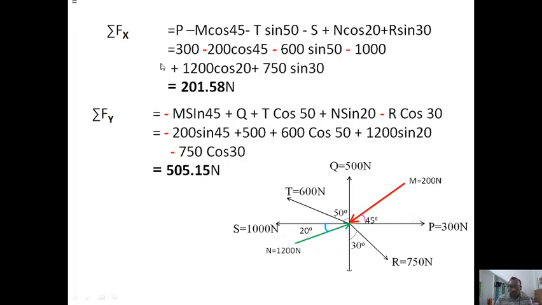By observing the same diagram, you just formulate the algebraic sum of the forces in the x direction. Right? Here P is totally in the positive x-axis, hence it is taken as positive, because P is in the positive x direction. And M cos 45. Why have I taken M as cos 45? Because the adjacent side is the x-axis, it is the closing side, hence I have taken the cos.